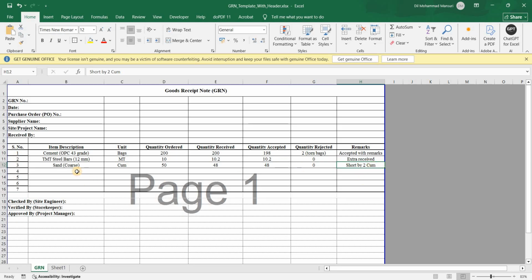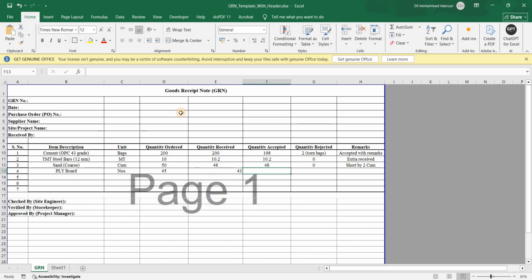Similarly, you can also write whatever the delivery items are supposed to be on your side. Suppose we apply board, it should be counted in numbers. The quantity we ordered was 45 numbers, but actually we received on site 43.